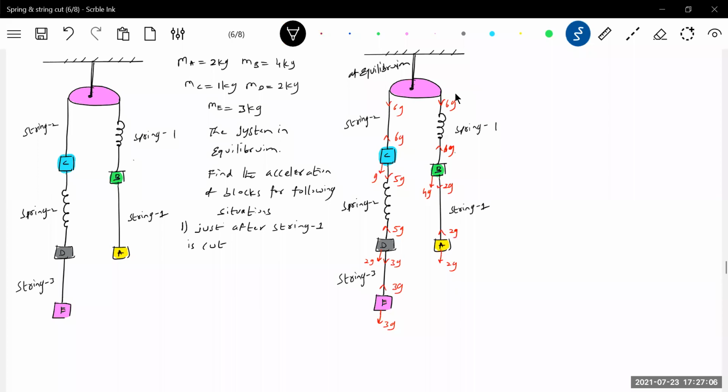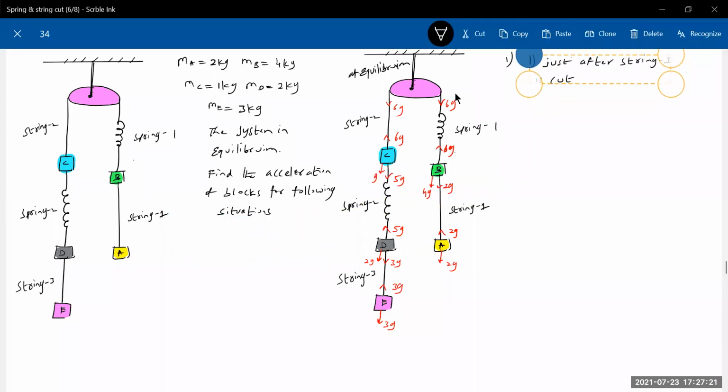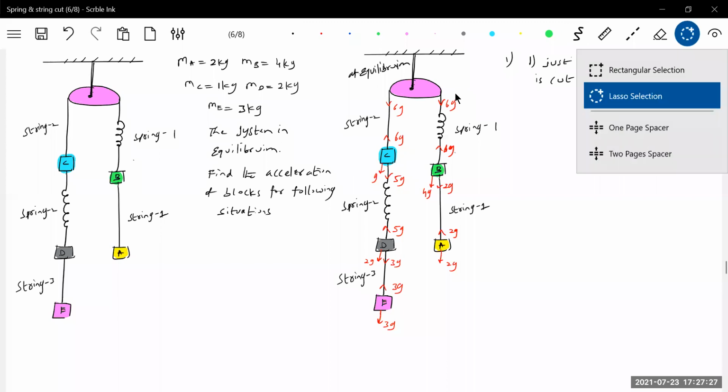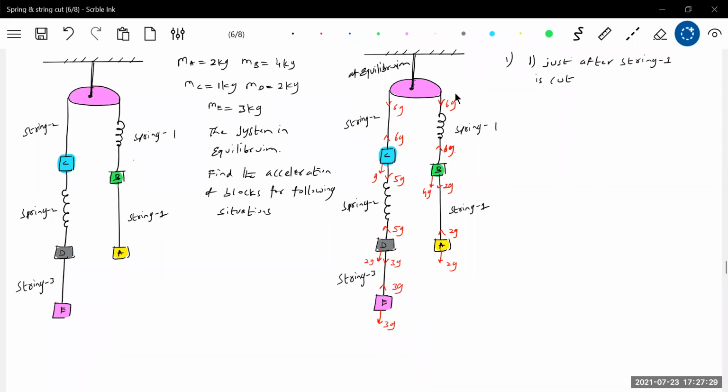Now we are going to cut the string 1. Just after string 1 is cut, this is the first case. String 1 and spring 1, we have less time. Spring 1 also, after this we'll do it. We are going to cut this string. We'll see what will happen.